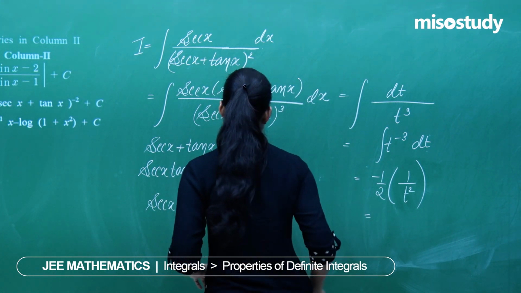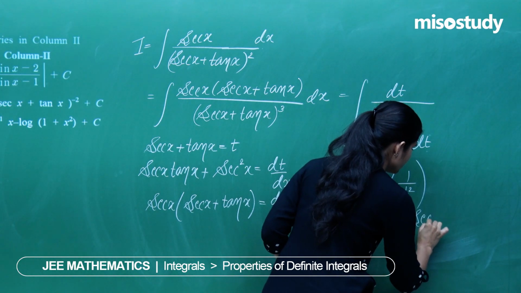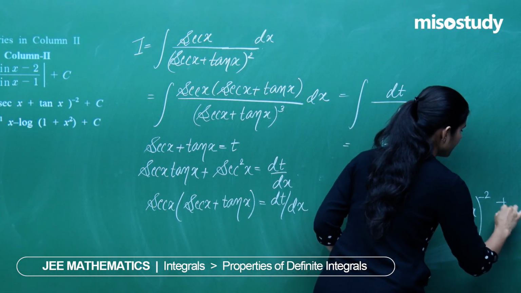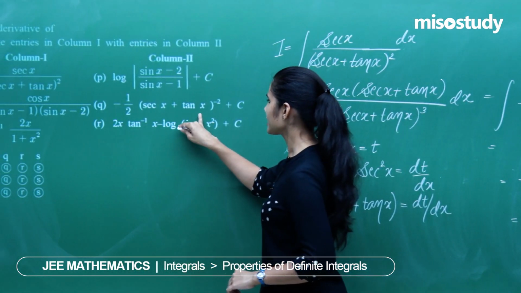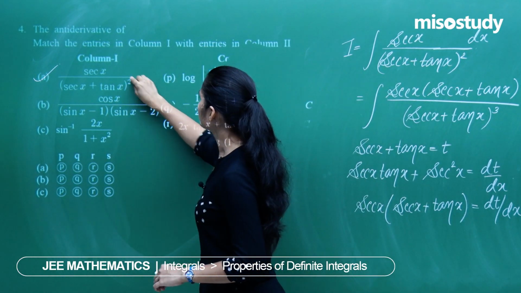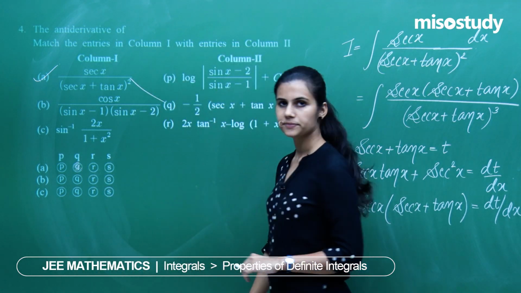We have taken t as sec x plus tan x. So we have minus 1 by 2 (sec x plus tan x) to the power minus 2 plus c. So A gets matched to Q, or I can say this is what I will be shading.